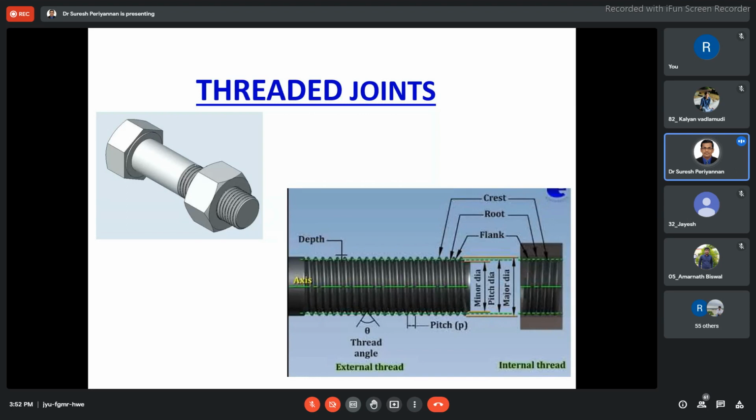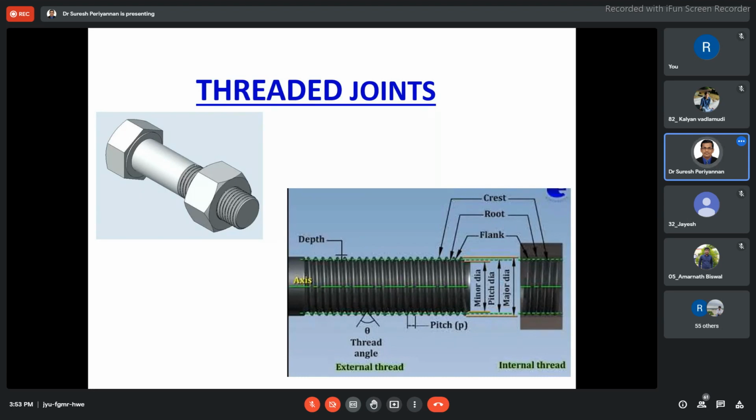The threaded joint is defined as a temporary joint of two or three machine components which can hold securely.